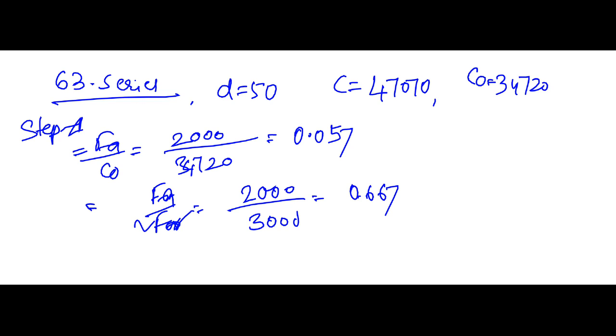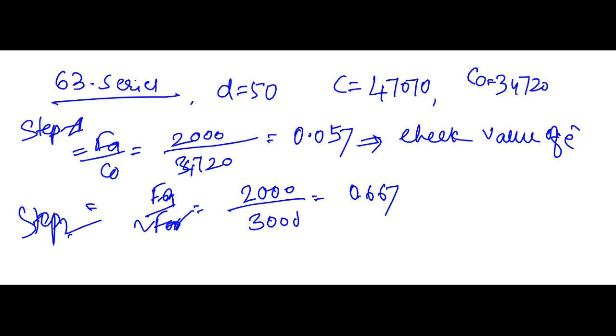Right? Now based on this one, check the value of E. Now this is step 2. Now what is the value of E for 0.057? Refer again table number 16.3. I think 0.057 means you can select the 0.056 value.